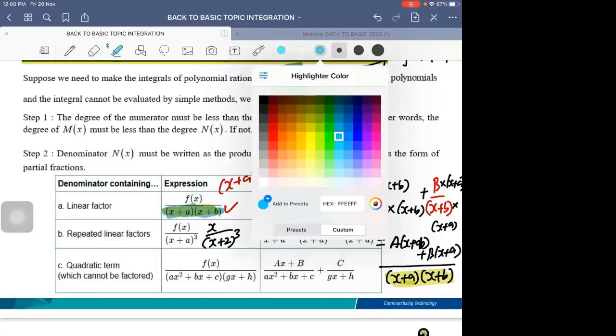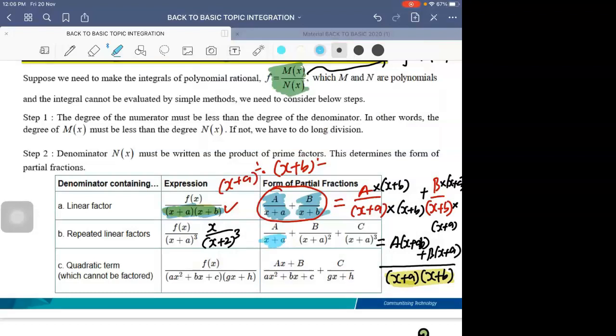The general form should be like this: A over x plus 2, plus B over x plus 2 squared. It increases there. And then plus C over x plus 2 cubed, up to the power here. If the power is 4, you have another term, plus D over x plus 2 power 4. Okay, this is if you have a repeated linear factor.